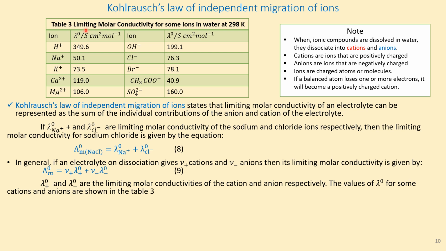This is table number 3 on your screen. For all cations the values are shown in column number 1 and for anions in column number 3. The values of λ° are in S cm² mol⁻¹.